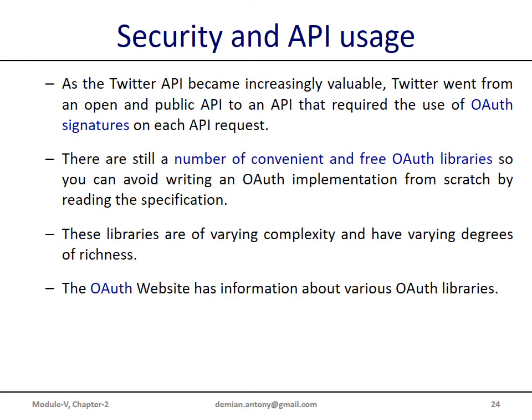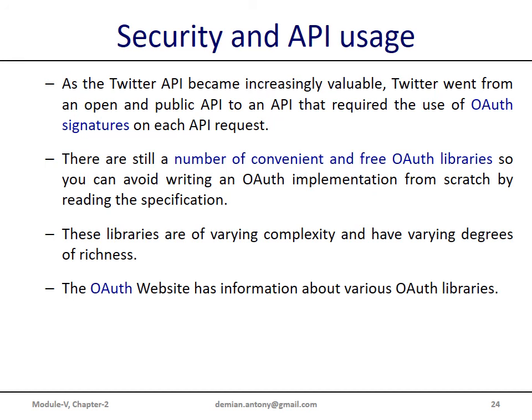OAuth is one common technology that is being used for signing service requests. Twitter is one API which uses OAuth signatures for each of the API requests, and there are still a number of other service authentication libraries available, and these libraries are of varying complexity and have varying degrees of richness in terms of security, privacy and other things.